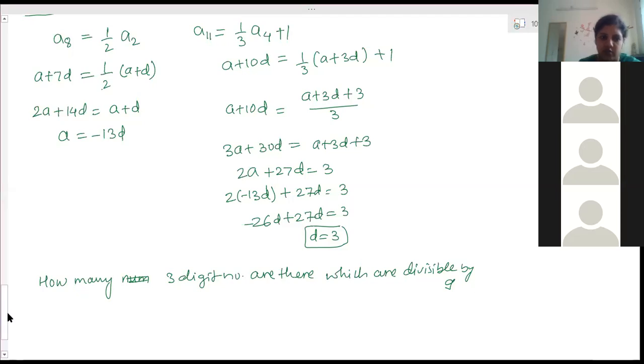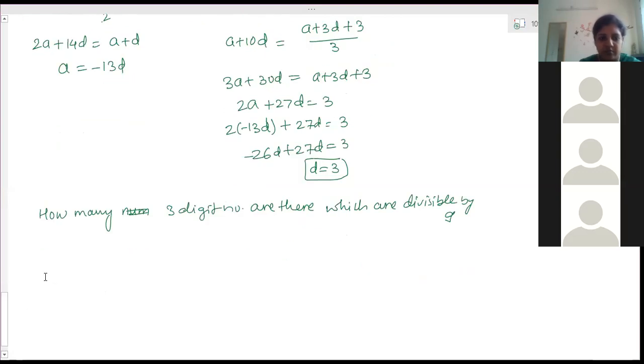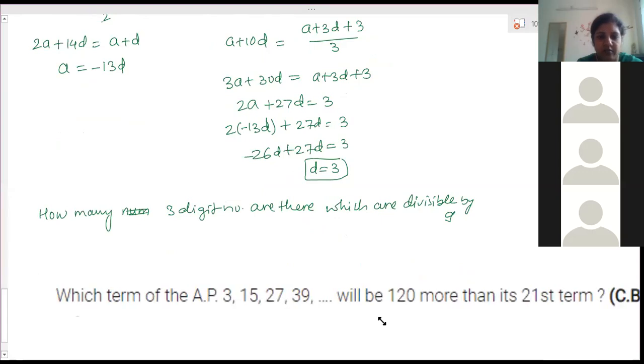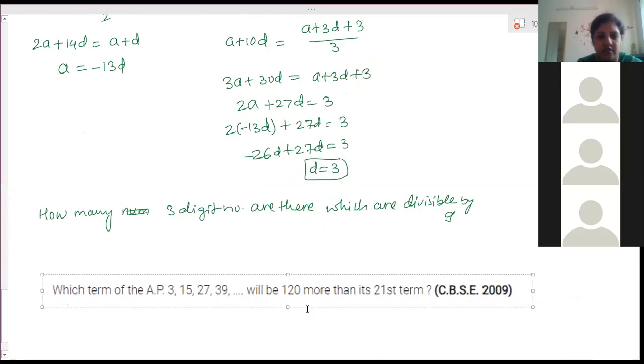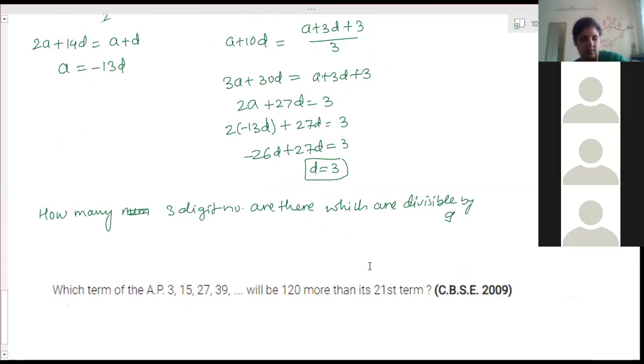So what is the first term? Ma'am, 108. Yes, 108 is the first one, and the next, second one is 117. 108 plus 9, 117. That's right. Then 126, 135, and so on, till the last number 999. Then find the position of 999. Then the next one, the 36th one.